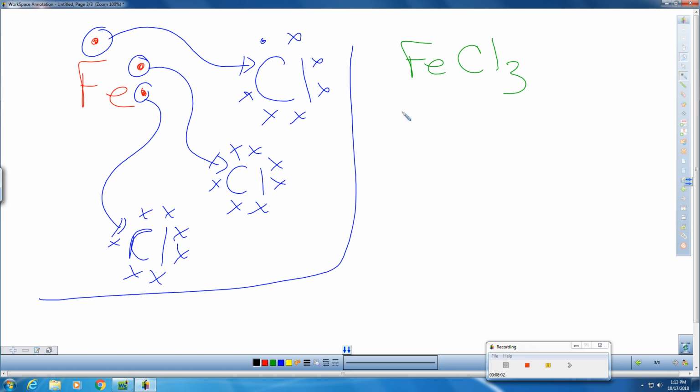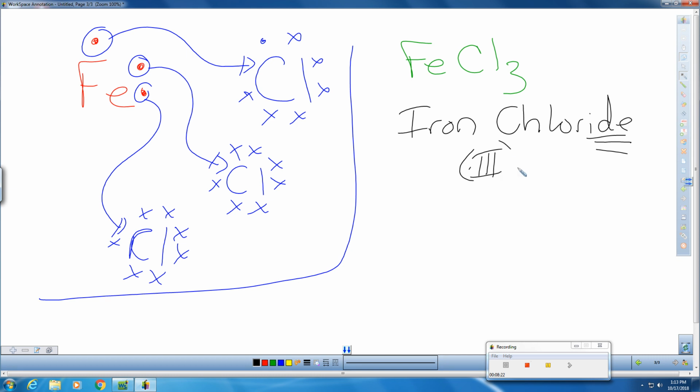Again, the first one always remains the same. We don't change the metal. The second one, the nonmetal, is the one that we drop the ending and add IDE. However, since this is a transition metal, and because it can give up multiple different electrons, we have to add in a Roman numeral to tell us which iron we are actually talking about.